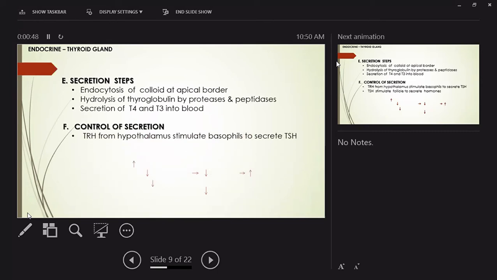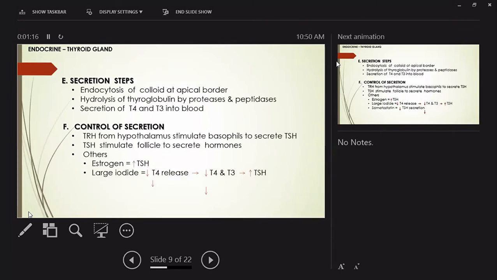Control of secretion is from the hypothalamus. The hypothalamus stimulates the anterior pituitary basophils to secrete your TSH. TSH stimulates the follicle to secrete the hormones. Estrogen also increases TSH secretion. Large iodide decreases T4 release.